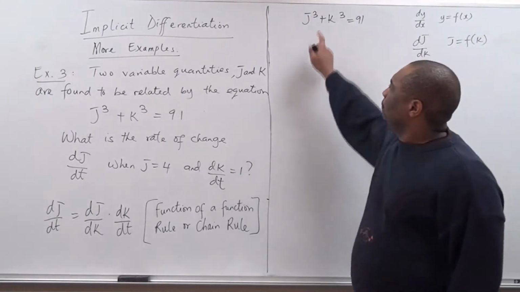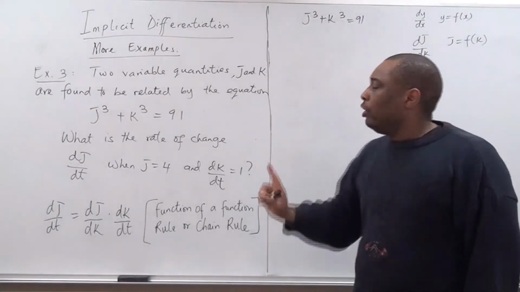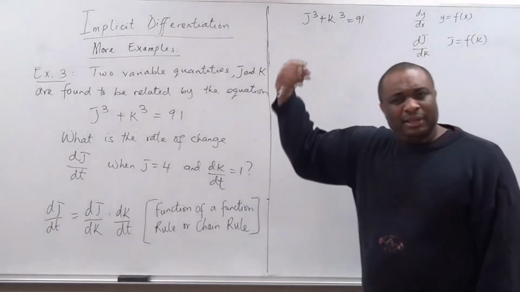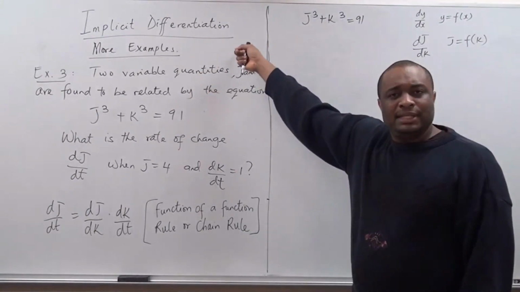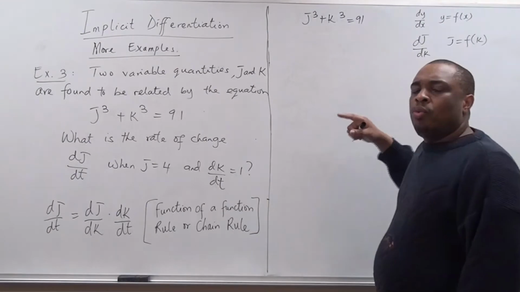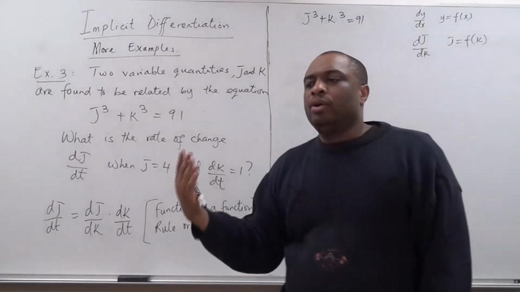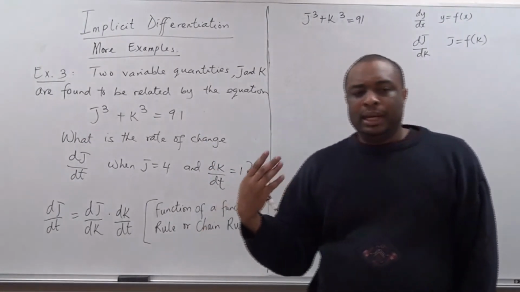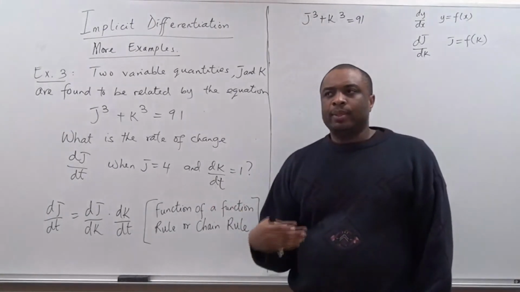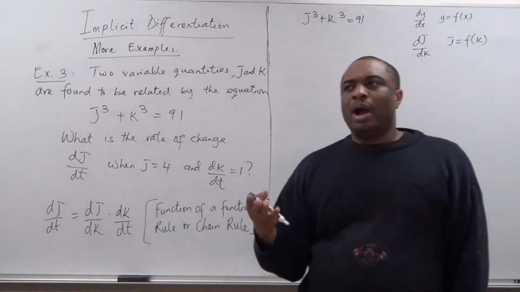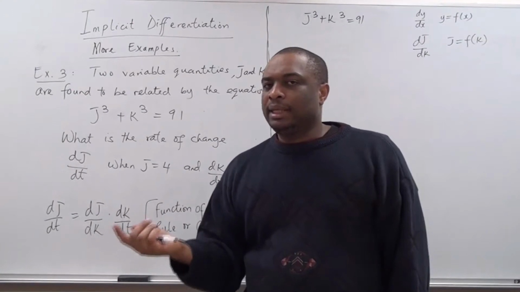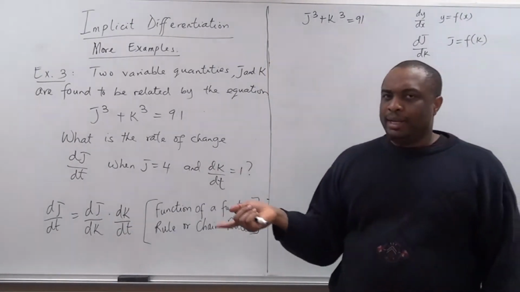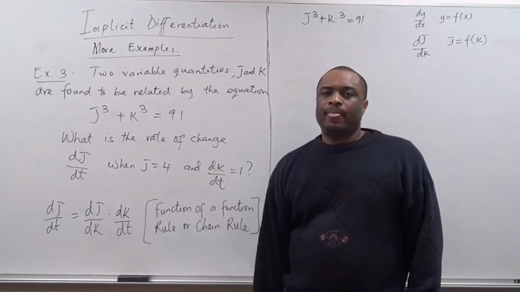Now you remember at the beginning of the first part of this implicit differentiation, when we differentiate y with respect to x, it gives us dy dx. When we differentiate y squared with respect to x, it gives us 2y dy dx, as 2y y prime.